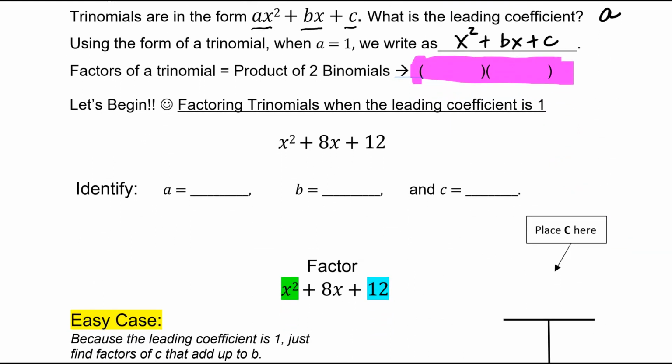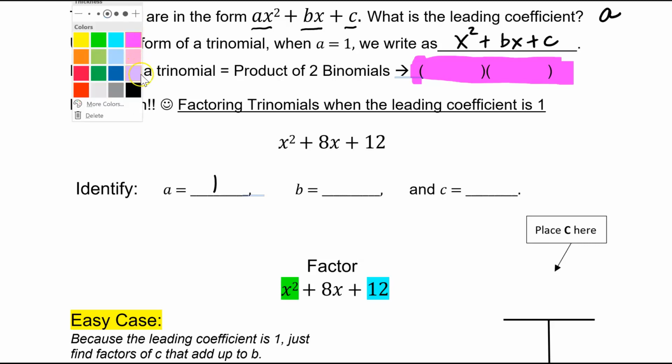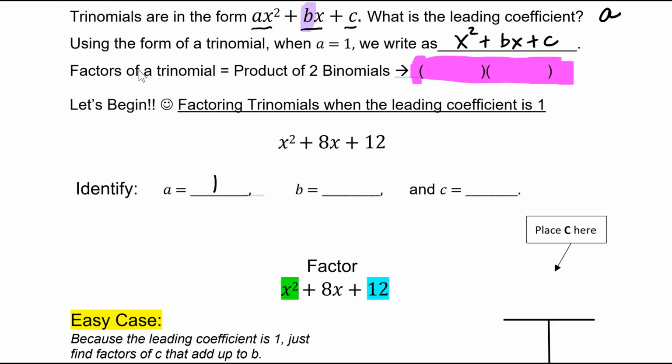Again, our leading coefficient for x squared plus 8x plus 12 is considered to be a 1 here because it's understood. So a equals 1. B will equal what?